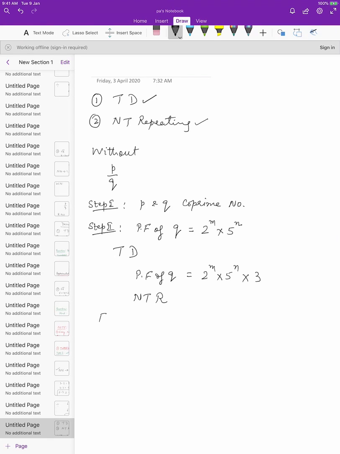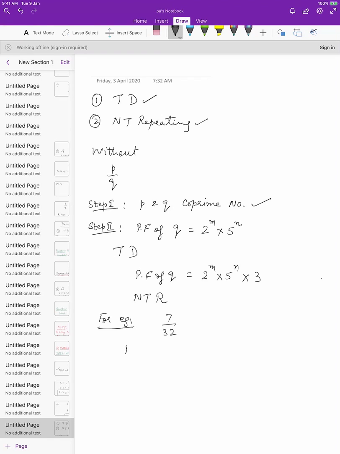Let us take for example, a number, say 7 upon 32. Now, 7 and 32 do not have any factor in common. So, our step 1 is over, that is both p and q are co-prime.